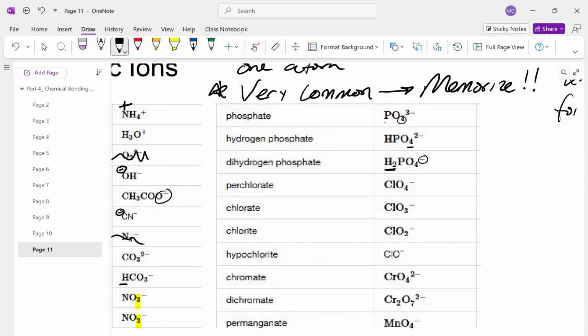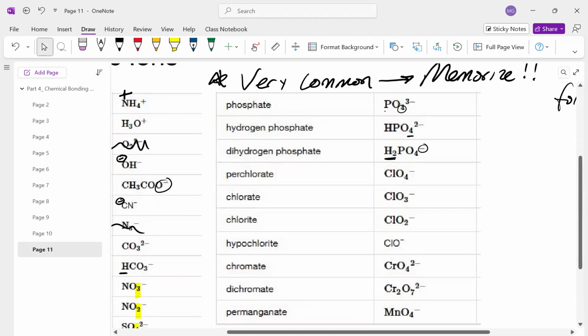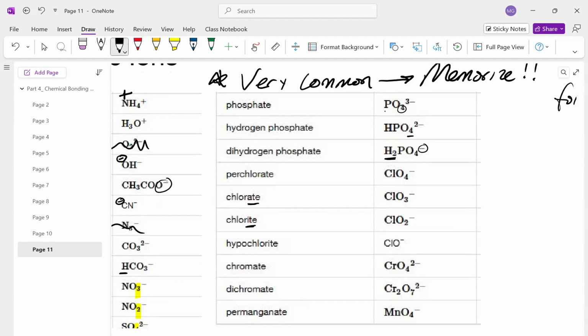Now the next 4 are kind of interesting because they have the chlorate and the chlorite trend. Again, deals with the number of oxygens. But this one, we can go even further in both directions. We can have even more oxygens, ClO4, and that has the prefix per. That prefix per kind of adds more oxygens.